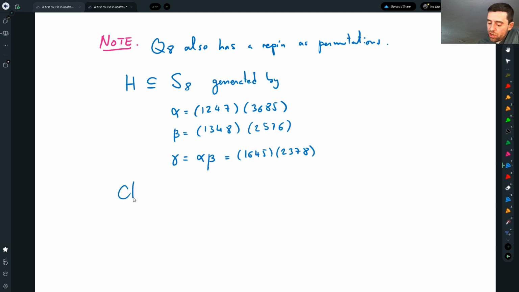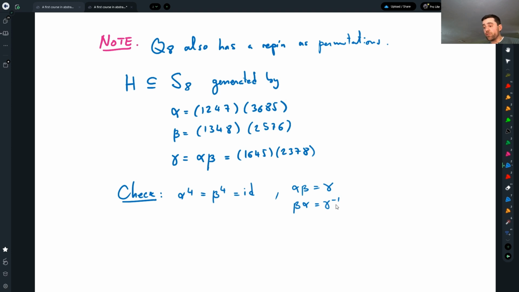And you can check, and this is a good exercise to double check that you know how permutations work, that alpha to the 4 is beta to the 4 is the identity, that alpha beta is gamma, well, that's by definition, but that beta alpha is the inverse permutation of gamma, and so on, and all the other properties that you would check for the quaternions.